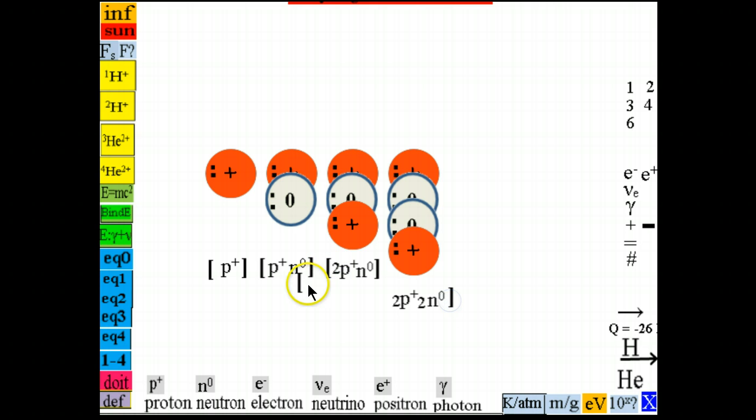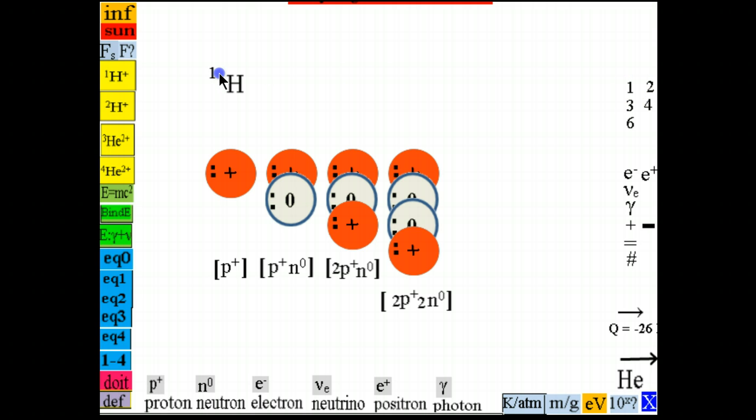Therefore, we put them in brackets. Now let us say the same thing. This is hydrogen. It is only a different way of representation, but it means all the same thing. So this is hydrogen.